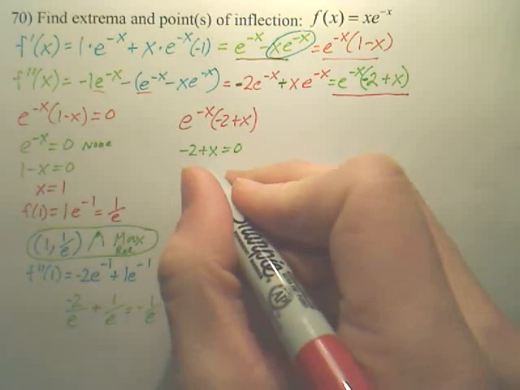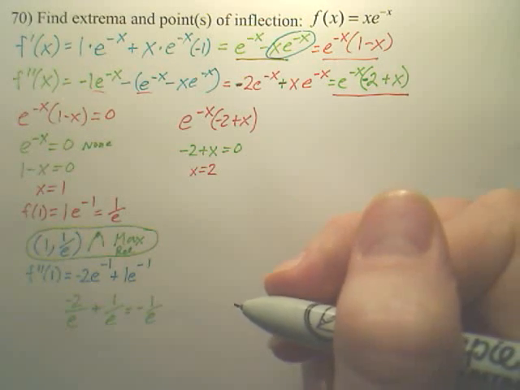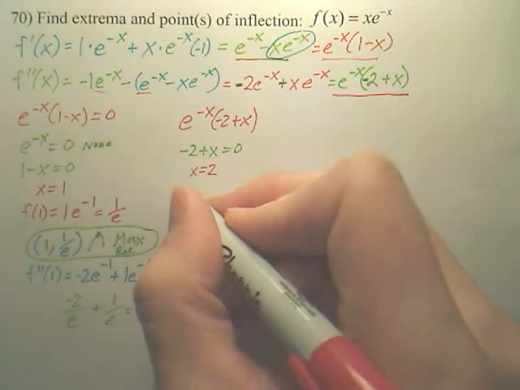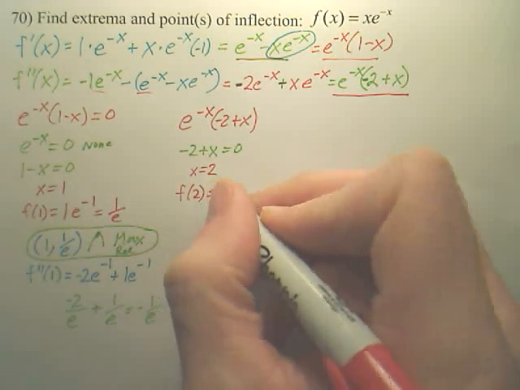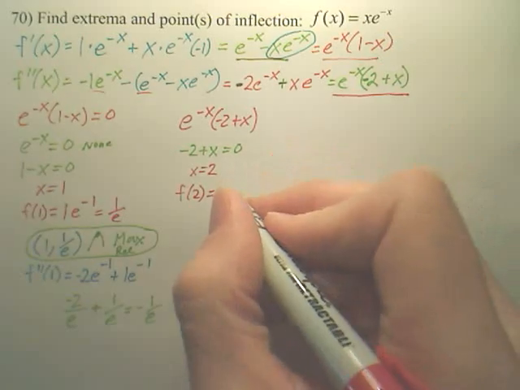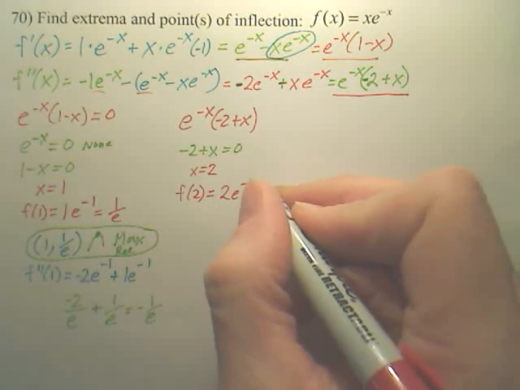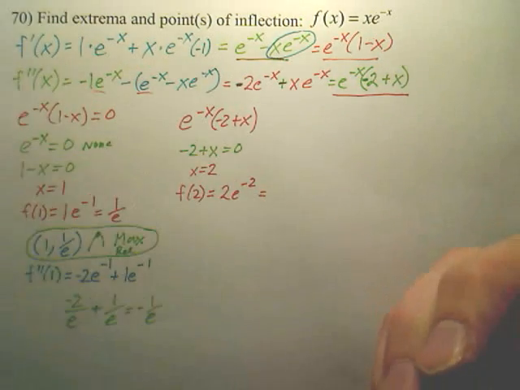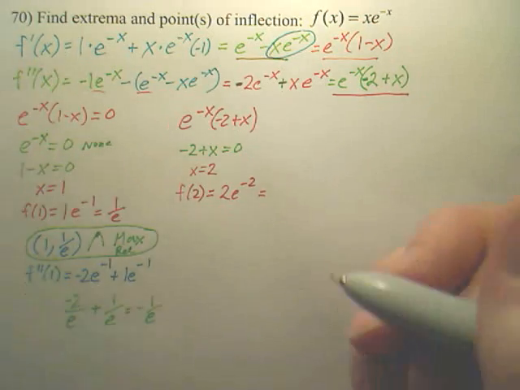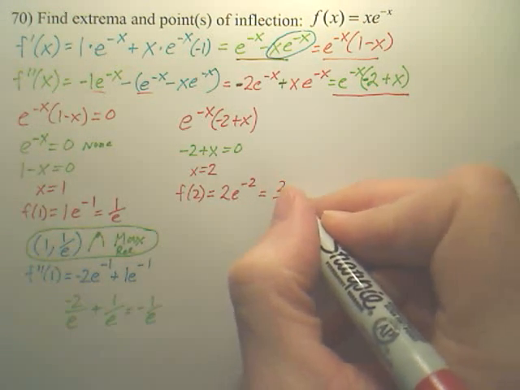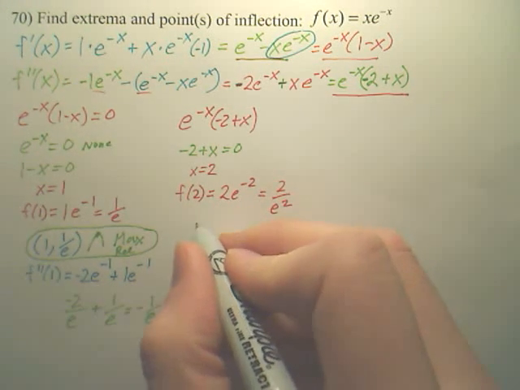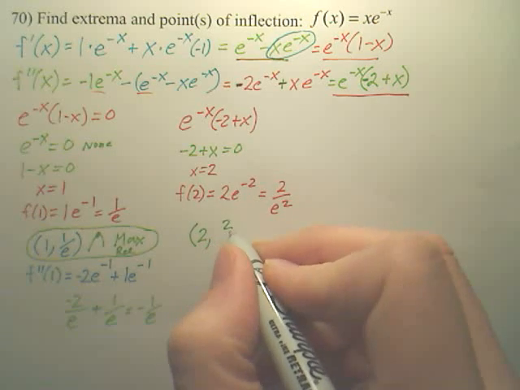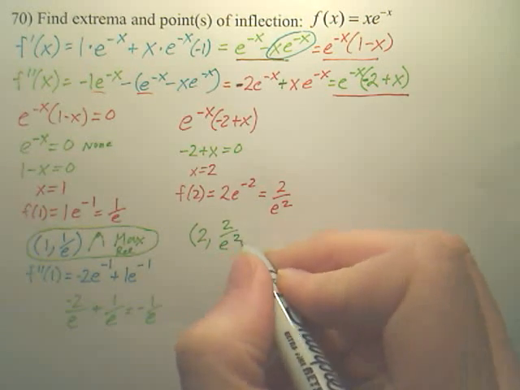Well, you're going to get x equals 2. Now to get the coordinate, we're going to do f of 2. And when you do f of 2, that would be 2e to the negative 2 power, which is 2 over e squared. So my coordinate is 2 comma 2 over e squared.